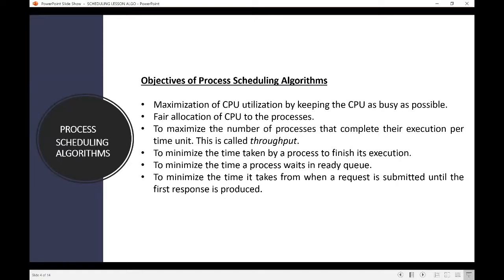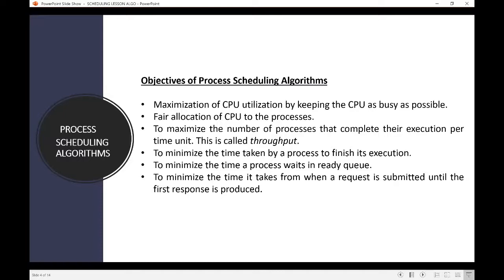There may be a list of processes, and among those there are some with high priority which need to execute before, even if they come last. In that case, the scheduling algorithm will allow fair allocation of the CPU to the processes.